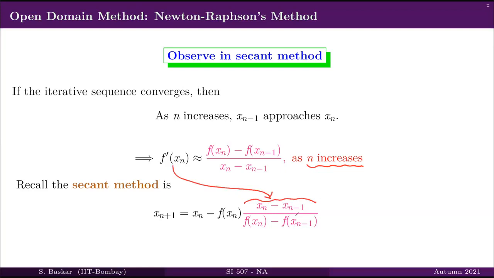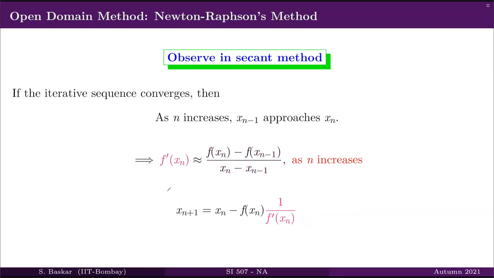That is, why can't we consider this as our formula to generate the iterative sequence of the method? And this is the main idea behind the Newton-Raphson method. And this is the formula used to generate the iterative sequence of the Newton-Raphson method.